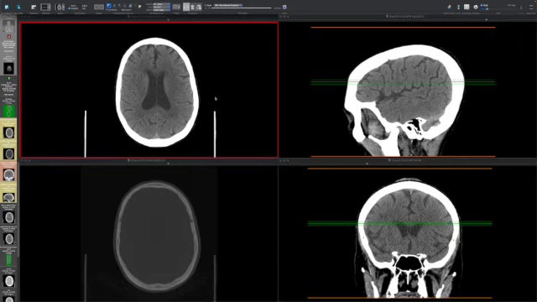And obviously, as an experienced neuroradiologist, my search pattern and the way I look at a head CT is always informed by the clinical context of the patient's history. It's also informed by the knowledge of neuroanatomy and neuropathology that I've accumulated over the years.